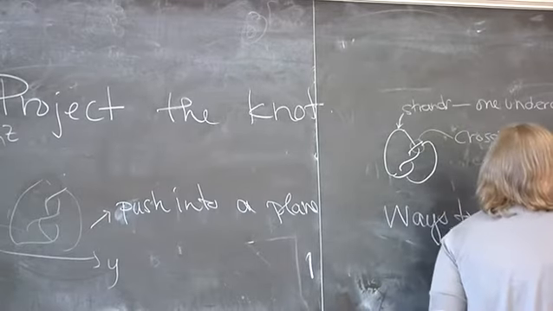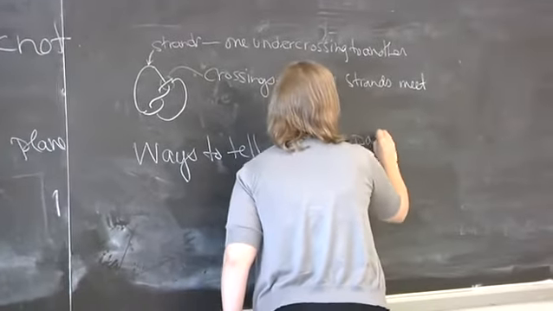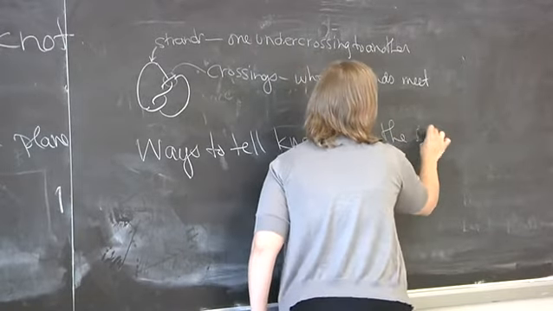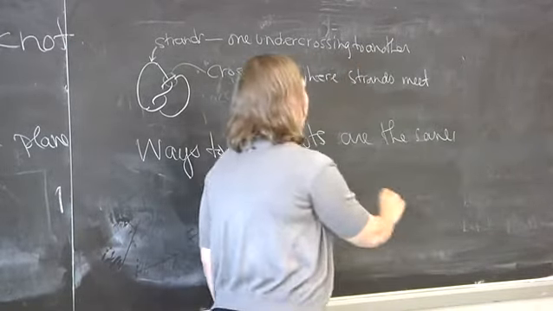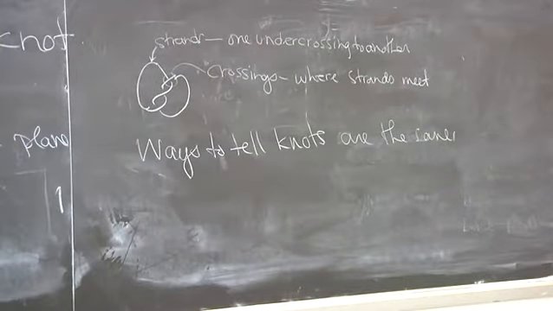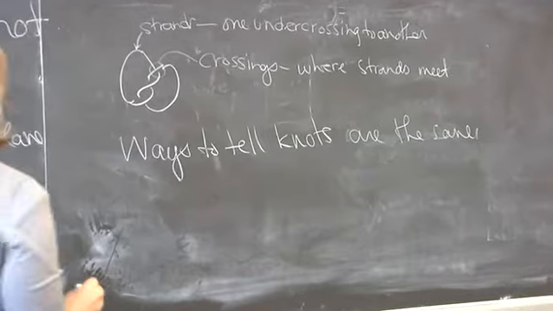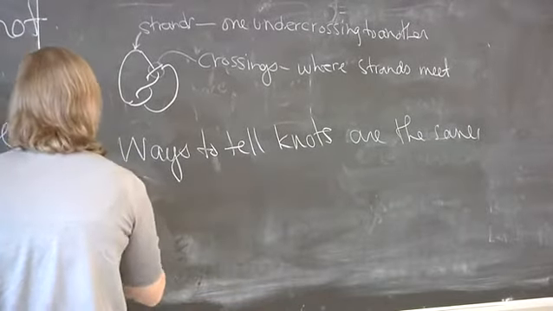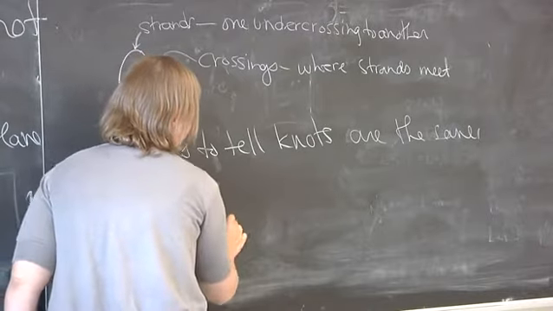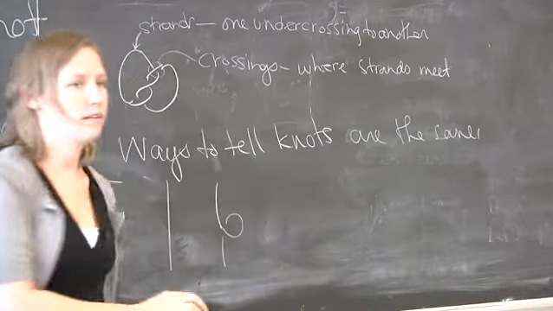So a way to tell that knots are the same is to do Reidemeister moves. Maybe you've seen this before if you've seen talks about knots. So the first type of Reidemeister move, ooh, this is where the ropes would be useful.